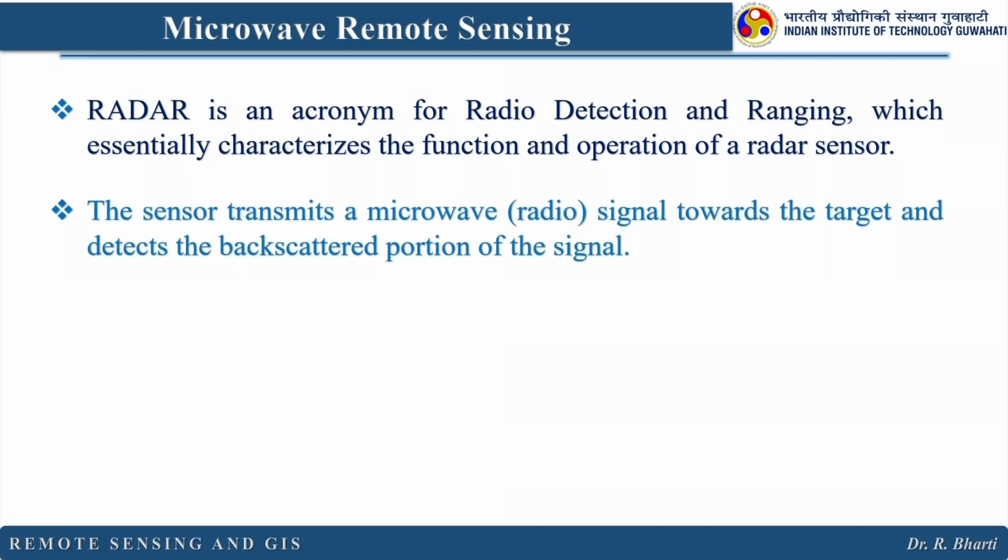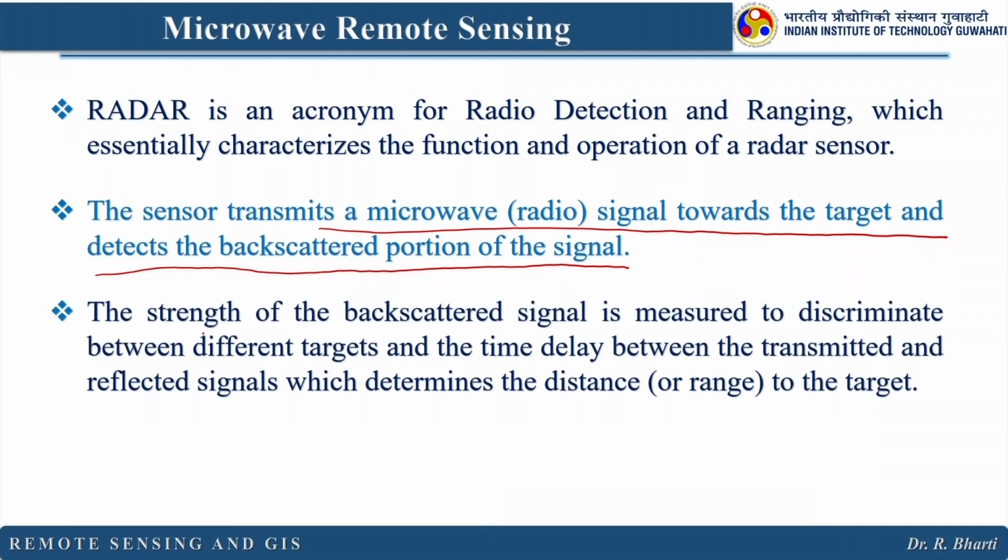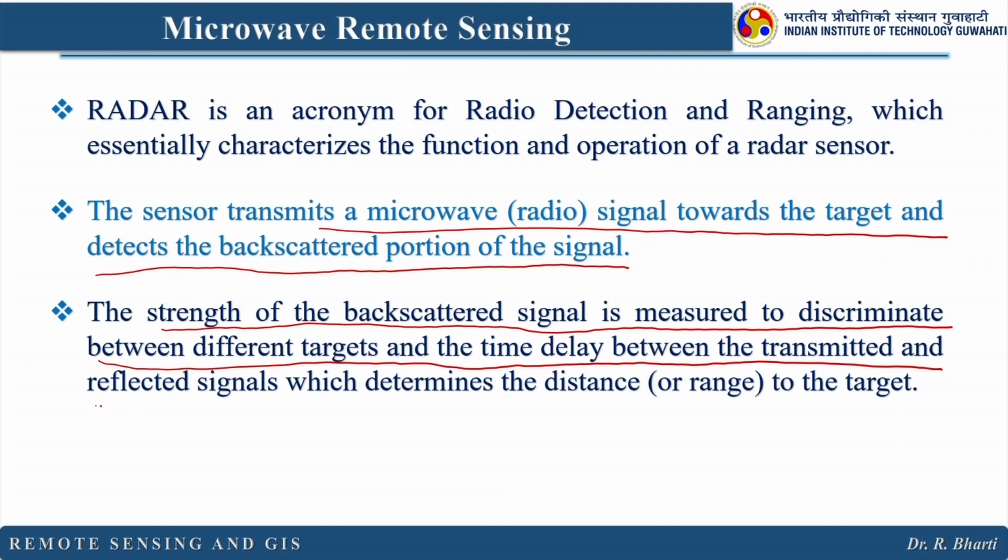The sensor transmits a microwave signal towards the target and detects the backscattered portion of the signal. The strength of the backscattered signal is measured to discriminate between different targets, and the time delay between the transmitted and reflected signals determines the distance to the target.